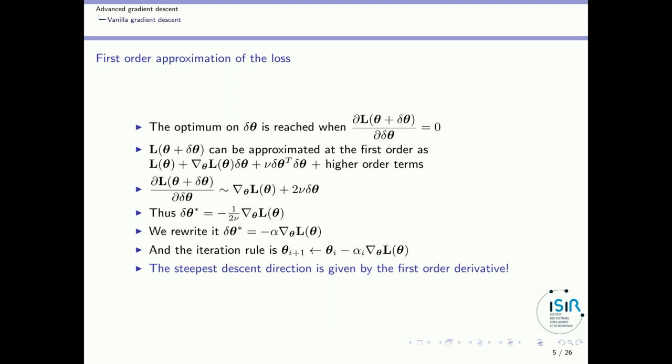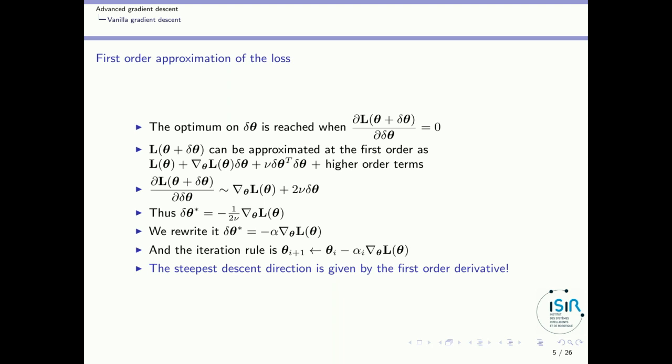And we can rewrite this formula replacing this term by an alpha. So as you can see, we get the best delta theta just by using the gradient, or the first order derivative, of the loss of theta over theta. And the iteration rule of the gradient descent technique will be theta at index i plus 1 is theta at index i minus alpha, which is a constant, times the gradient of L of theta over theta.